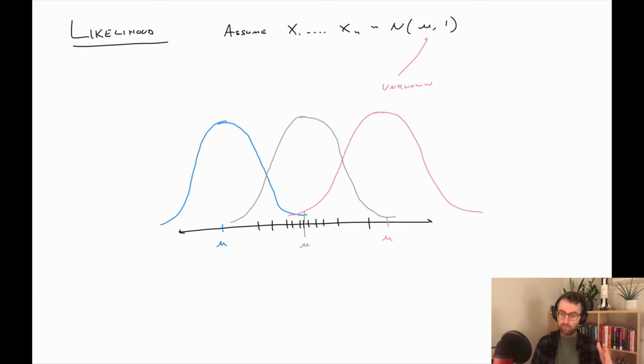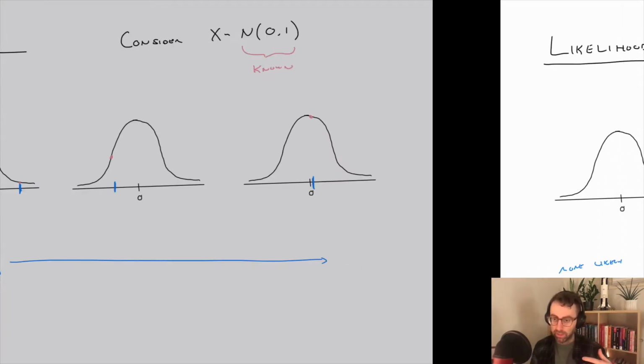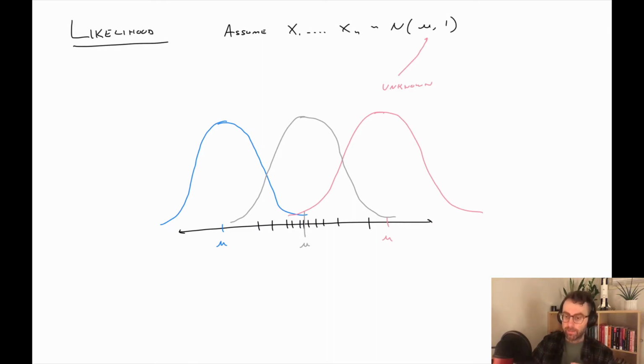So basically, if probability is going from knowing a distribution, saying what's the probability of observing, say, a point that occurs greater than 5 or whatever, that's probability. Likelihood is the opposite. Given the data, which distribution makes it so that the data is most likely to have come from it?